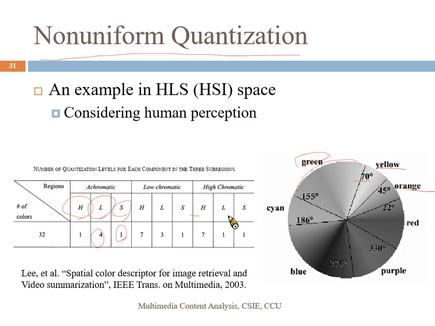But with high chromaticity, the luminance is only quantized into 1 range, and the hue value is quantized to 7 ranges. There are still ongoing works on non-uniform quantization, and many research works have demonstrated its effectiveness.